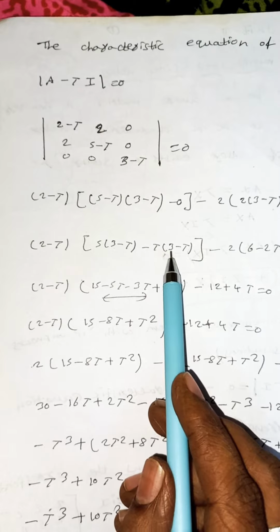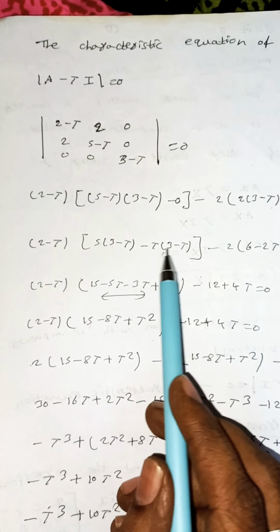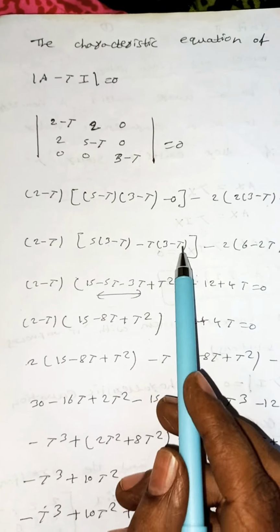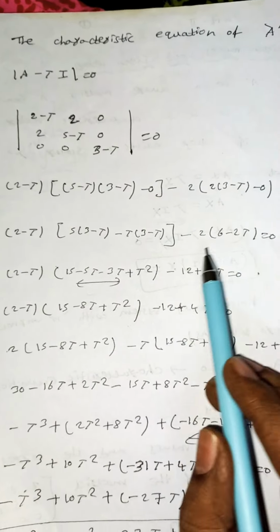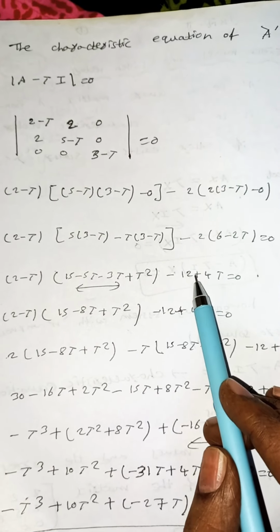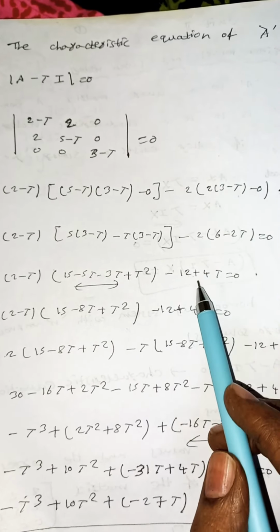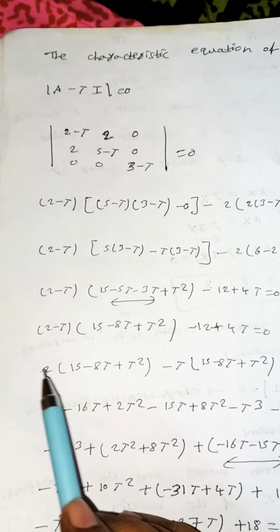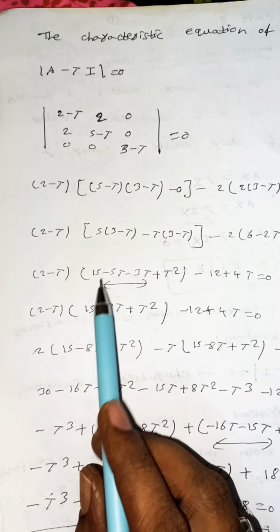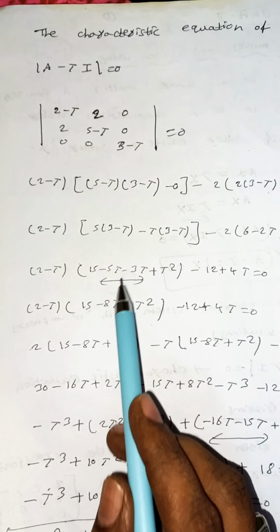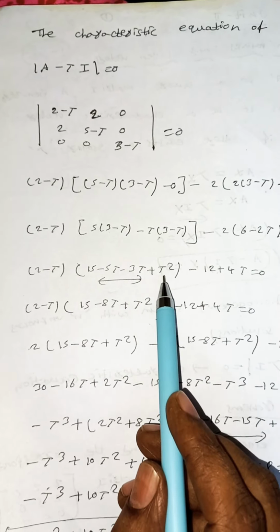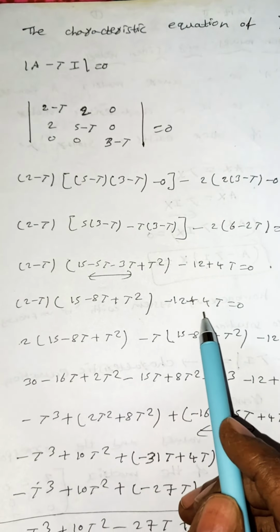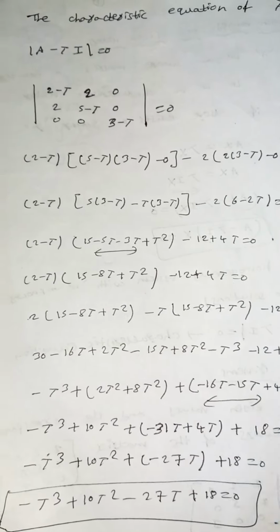Minus lambda into 3 is minus 3 lambda, minus into minus is plus, lambda into lambda is lambda square. Minus 2 into 6 is minus 12, minus into minus is plus, 2 into 2 lambda is 4 lambda. So write 2 minus lambda as it is, write 15 as it is, minus 5 minus 3 is minus 8 lambda plus lambda square, minus 12 plus 4 lambda, equal to 0.